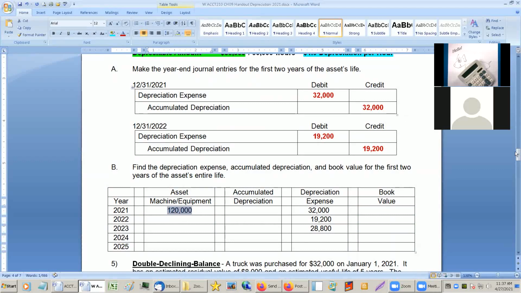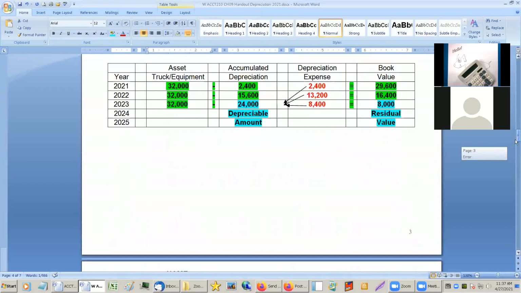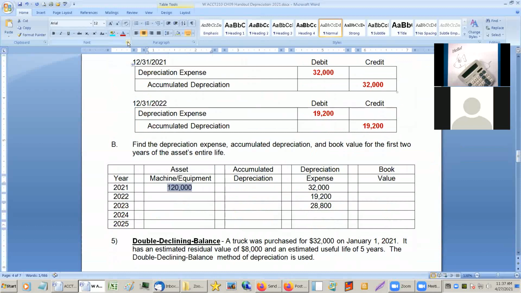I used green last time. Yeah, I'll make it green. Okay.